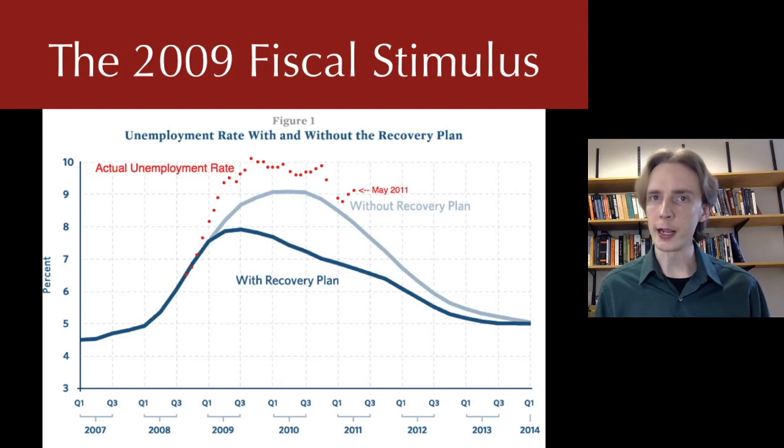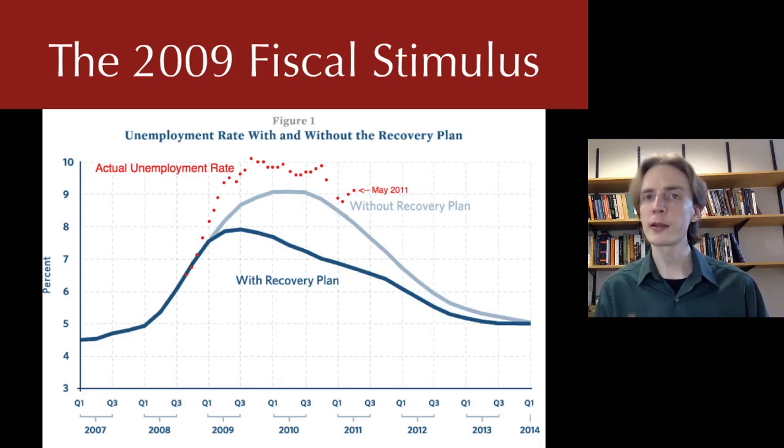But how is this financed? The 2009 fiscal stimulus was financed by borrowing. And so it wasn't really particularly stimulative. And so the actual unemployment rate, somebody took this and superimposed the actual unemployment rate over this projection, turned out to be even higher. Because not only did you not get a stimulus, you also got long-run effects of increases in political allocation.